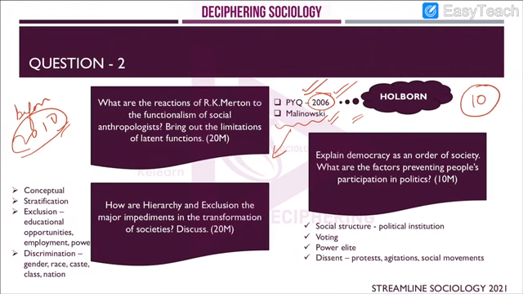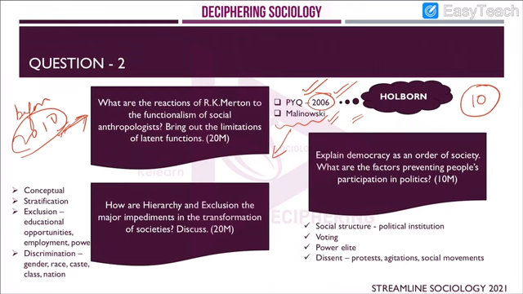Here R.K. Merton refutes the propositions of the functionalist perspective of social anthropologists like Malinowski. They said that every social institution or every structure of society had a certain function which was indispensable, which was universal, and also all these structures contributed to the unity of the entire society.